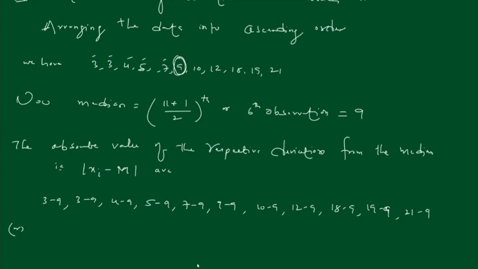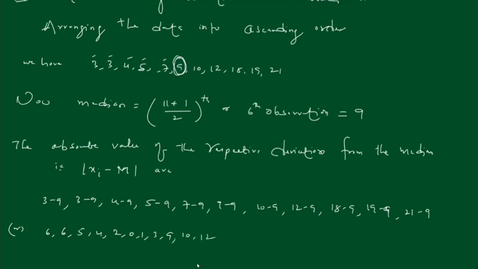Applying absolute value, what we get here is 6, 6, 5, 4, 2, 0, 1, 3, 9, 10 and 12.